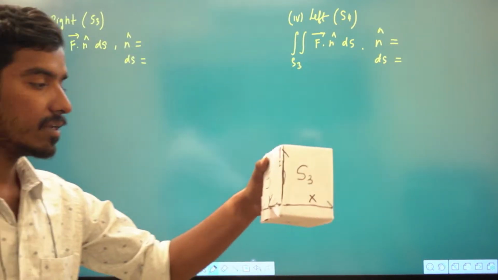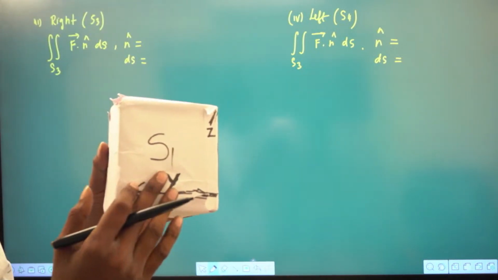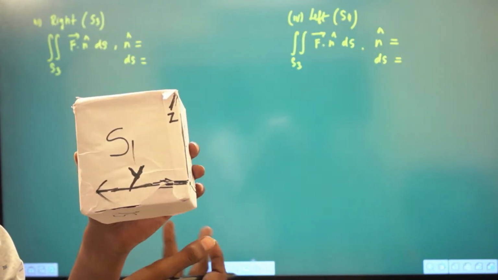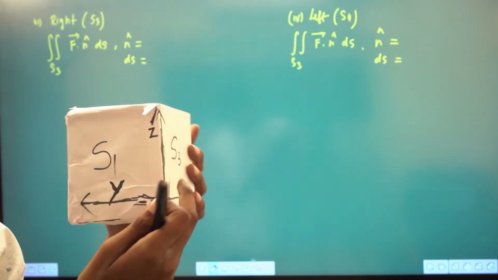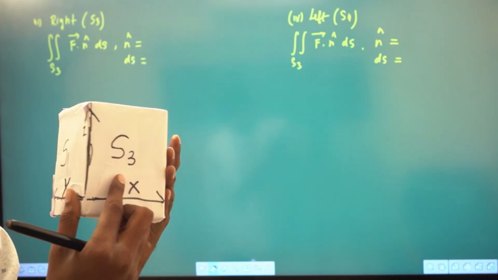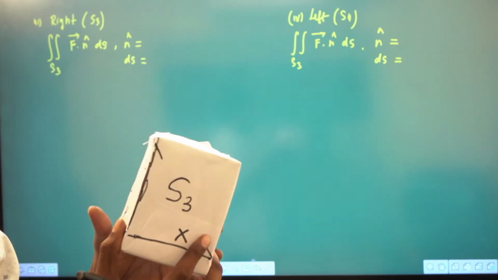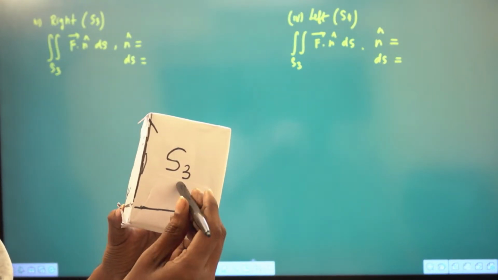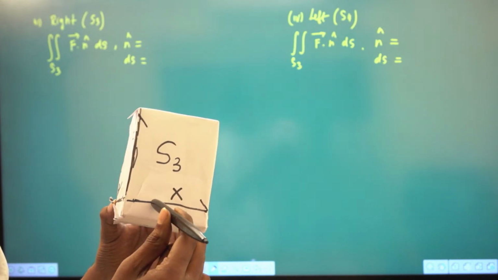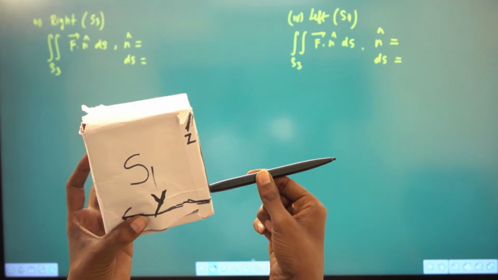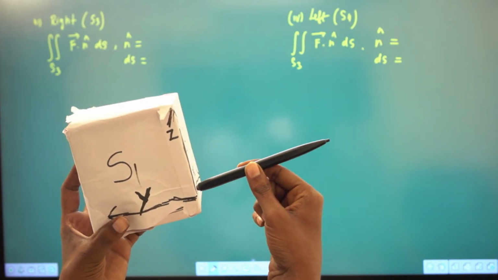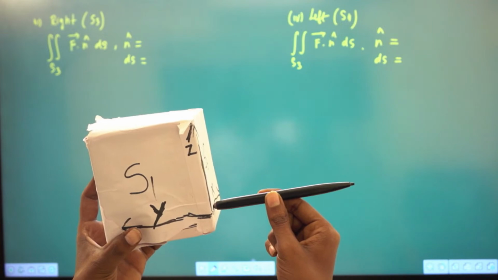Now let us take the right surface. We have S1, front, back, and then left, right, up, down. Let us take the right. So right is S3, which is on the x-axis. Now you take a vector that is perpendicular to S3. You can see this is the same as the y-axis, so this vector is nothing but j vector, j cap.